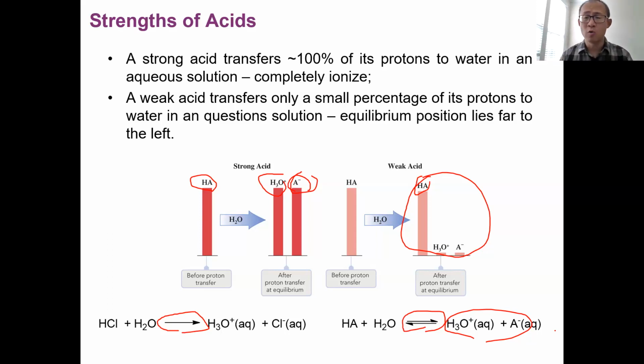But you need to know the difference between strong and weak and how we represent them. Strong acids are 100% completely ionized, with no HA left. A weak acid is only a tiny percent ionized to become A minus, less than 5%, 2%, 1%.